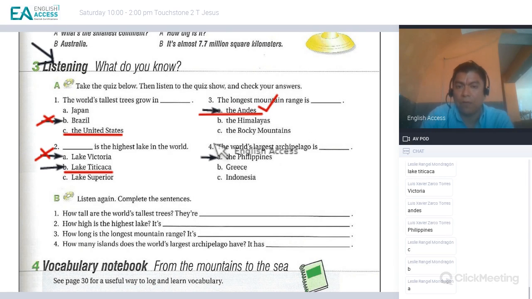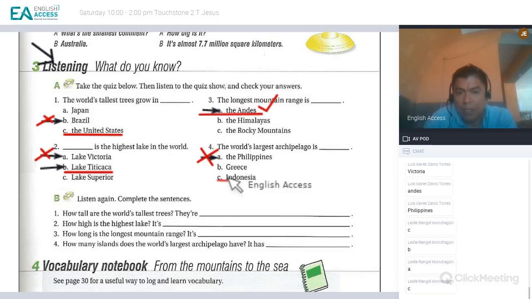Okay. And number 4. The world's largest archipelago is... so it's not the Philippines. In Indonesia. Indonesia. There you go. Yes.